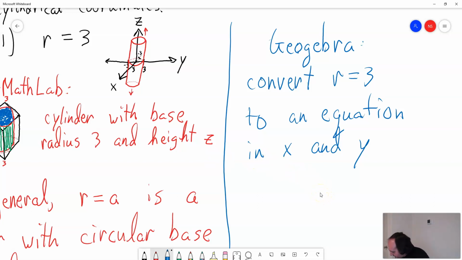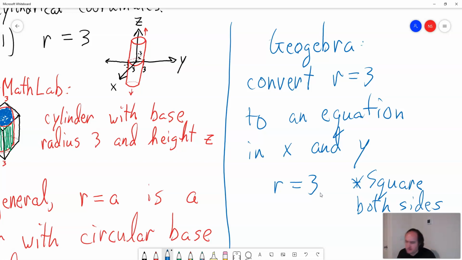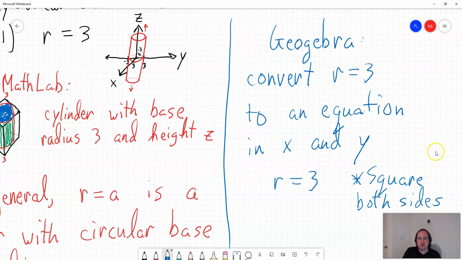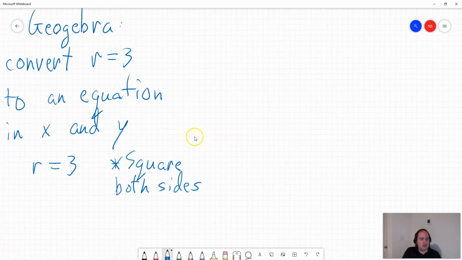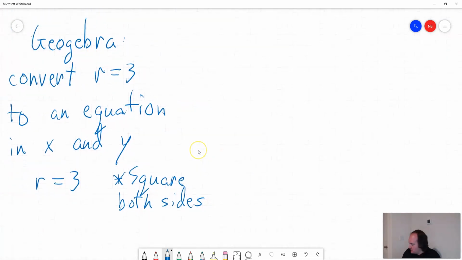Okay, so I'm going to start with r equals 3, and then I'm going to square both sides. And you're allowed to do the same thing to both sides of an equation. And one of those things you can do is to square both sides. So we're going to get r squared equals 3 squared.